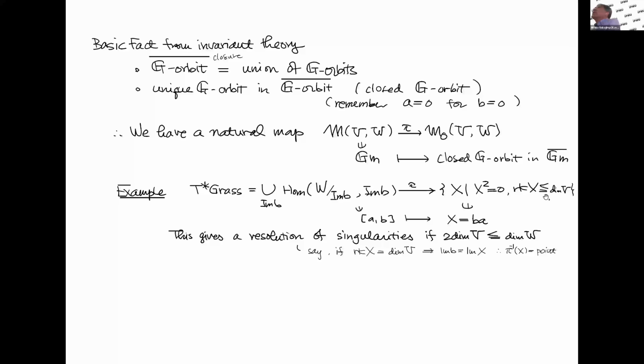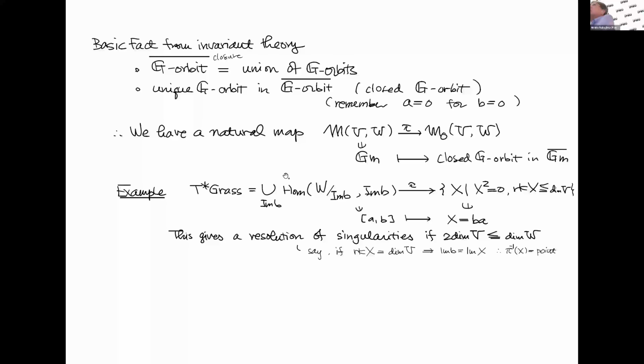For example, suppose from this target space, you consider the point where the rank of X is equal to dimension V. In general the rank could drop and be smaller than dimension V, but I just take this open subset, the points where the rank of X is equal to dimension V. Then the image of B is equal to the image of X. The cotangent bundle of the Grassmannian is a pair of the image part and the homomorphism in this direction.